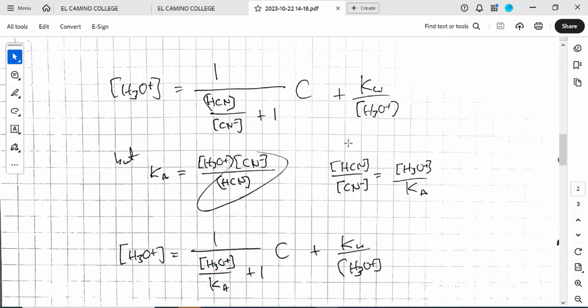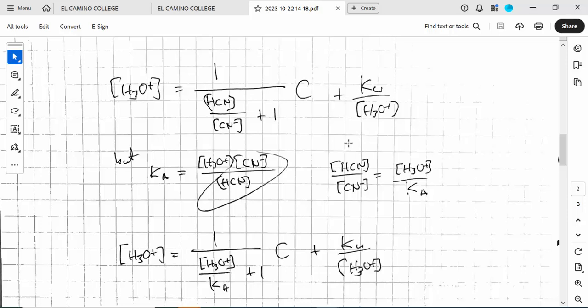And then we do some additional tricks. Sometimes we don't solve for a single variable like x or y. Sometimes we solve for a sum of variables, x plus y, like in the example in the book. Sometimes we solve for a ratio of variables, like the cyanide to HCN ratio. So we solve for the cyanide to HCN ratio, and we get another equation. And with that equation, we can do substitution too. So these are a whole bunch of different tricks in solving a system of equations that you use.